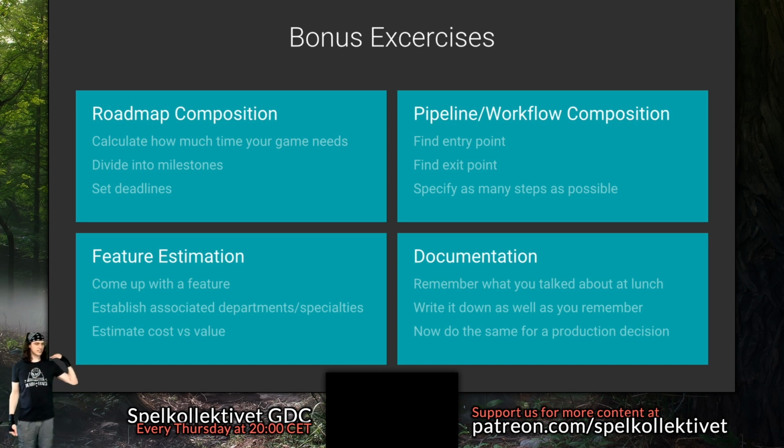And you can apply the same kind of exercise to an actual brainstorming or design session, where you sit down, you think about your game, and then instead of keeping it in your head, you just write everything down and give it a timeline.